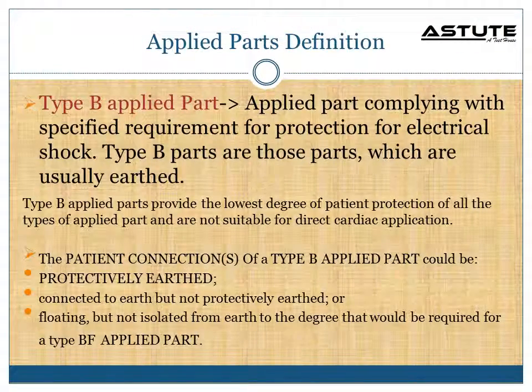B-type applied parts are non-cardiac grounded applied parts. These are applied parts that come in contact with the patient for the medical device to perform its function. B-type parts are referenced to ground and are not isolated or floating.